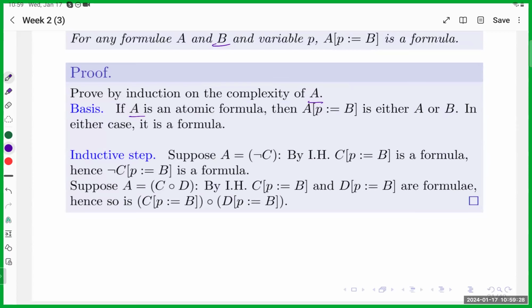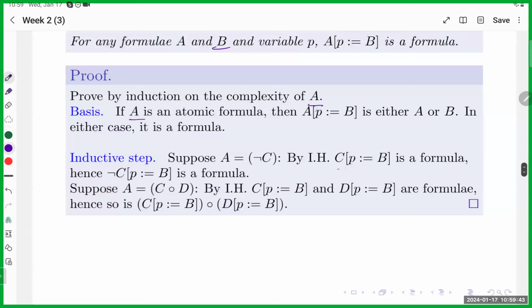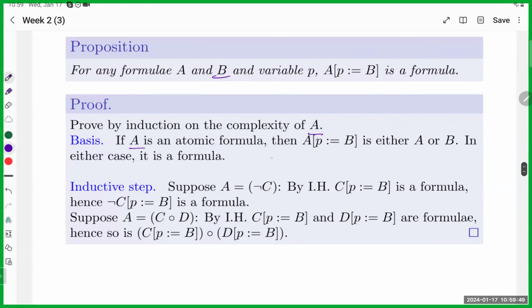Now we are going to assume that the statement is true for two formulas C and D. Maybe I'll write what the inductive hypothesis is. I've written it here. This is a formula. Also, this is a formula. So both of these are formulas.